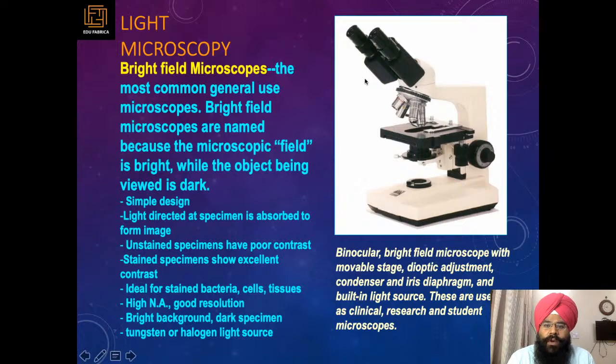We have a binocular bright field microscope with a movable stage, dioptric adjustments, condensers, and iris diaphragm, and these are used as clinical and research student microscopes. They have high numerical aperture, good resolution, ideal for stained bacteria. Unstained specimens have poor contrast in this case. It has a simple design and a halogen light source.